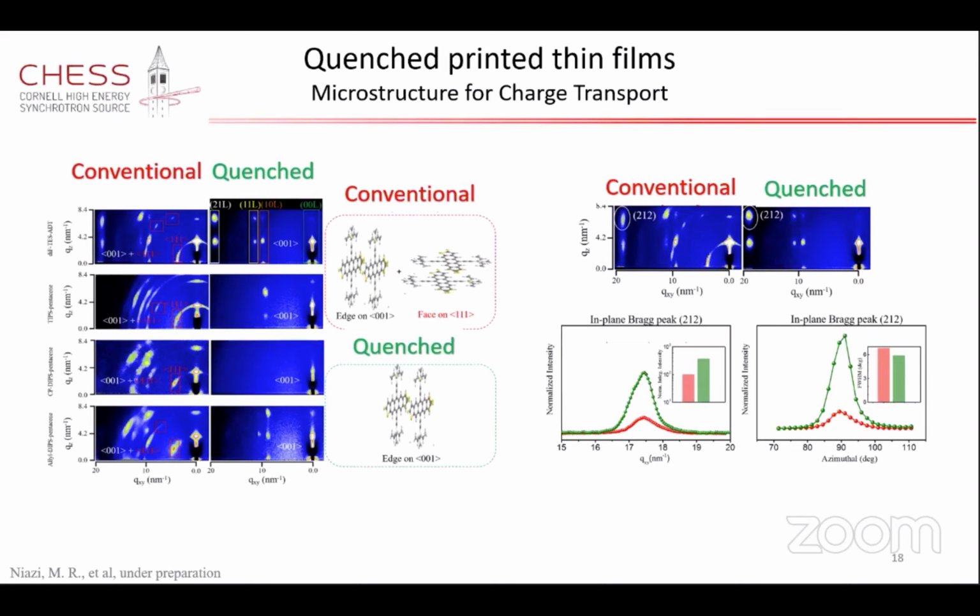This suggested that the improved charge transport properties that we were observing earlier through devices were because of this improved microstructure in the solid state thin film. So we were basically controlling the microstructure of thin films using this intermediate quenched dense phase.